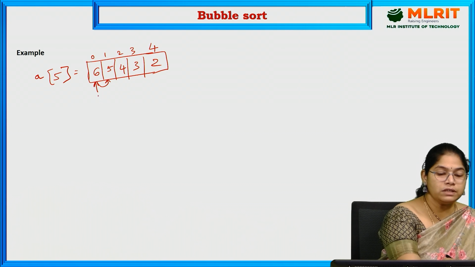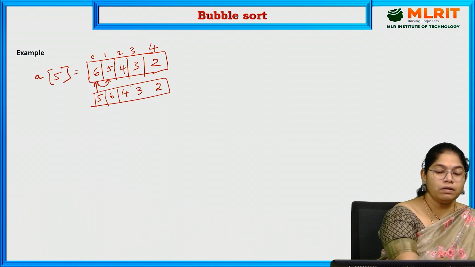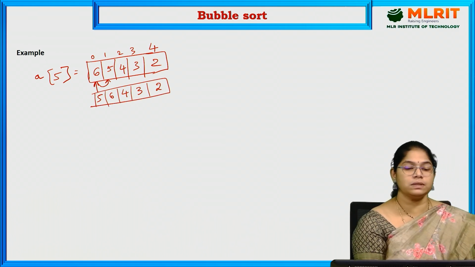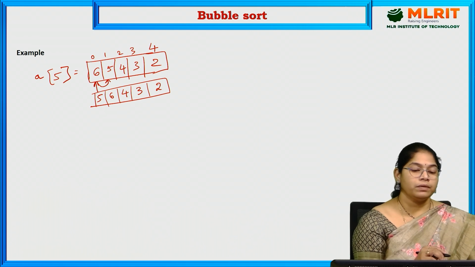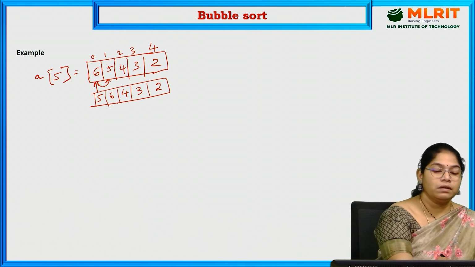So now it is 5, 6, 4, 3, 2, because they were in the wrong position. 6 is greater than 5. This process has to be repeated until no swaps are needed.